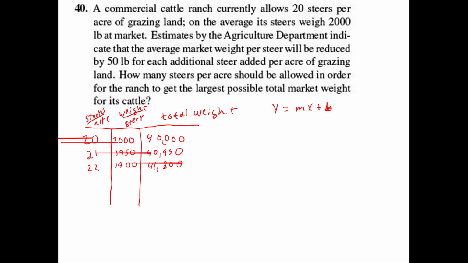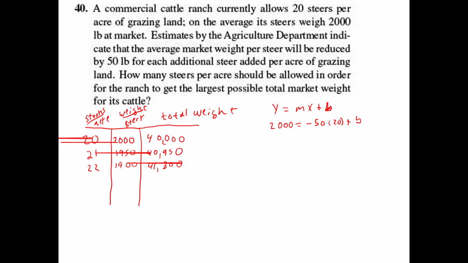Okay, but your slope is negative 50, and you know that if your input is 20, your output is 2,000. So you have 2,000 is equal to, your slope is negative 50, because every time you increase by 1, you drop 50. And then you know that your x is 20 plus b.